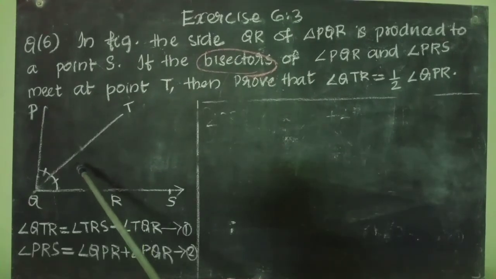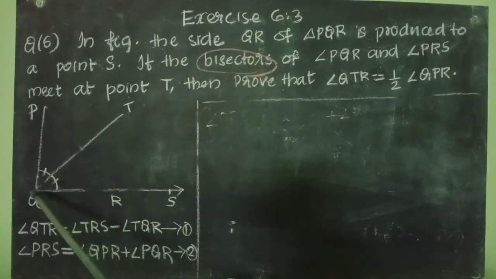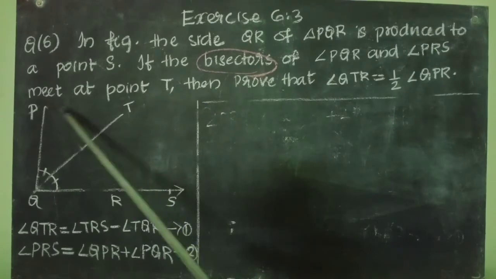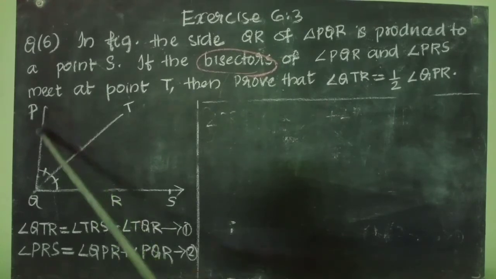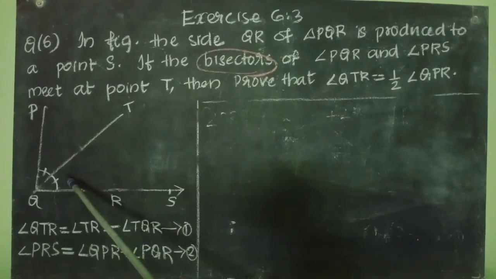Now you see the figure. It is given in the question that QT is the bisector of angle PQR. That means angle PQR is divided into two equal parts.